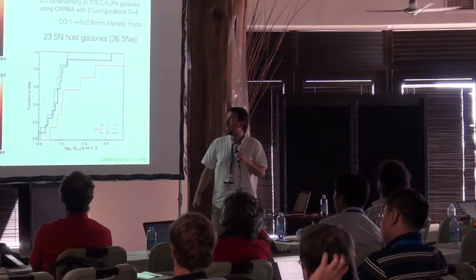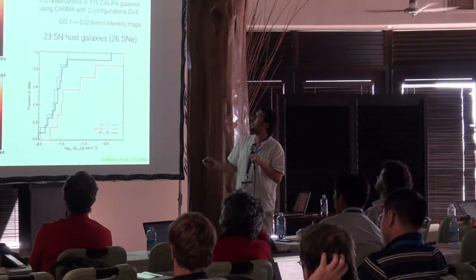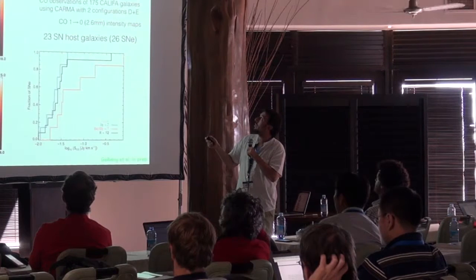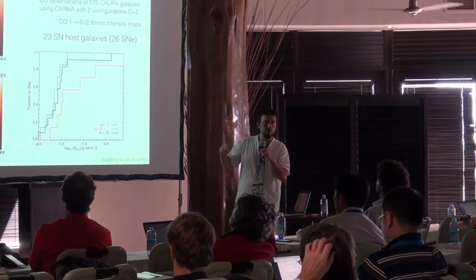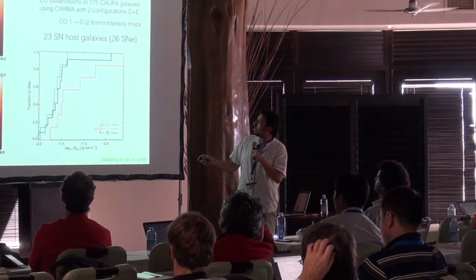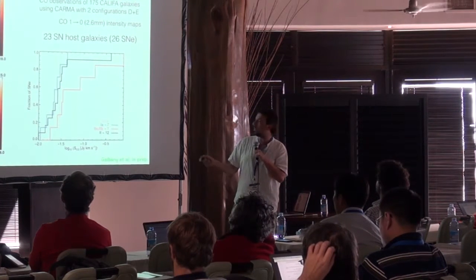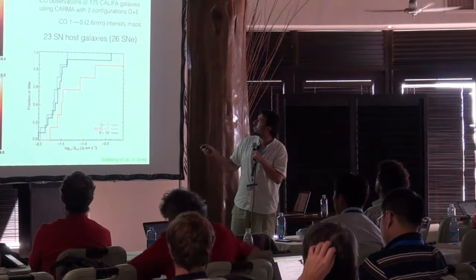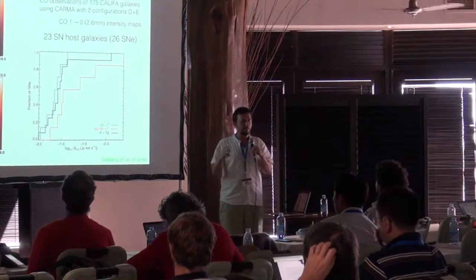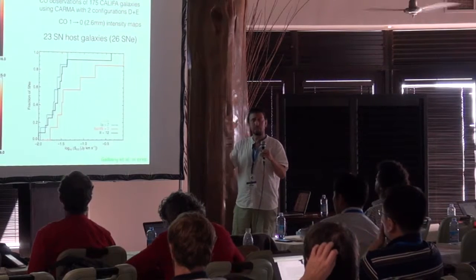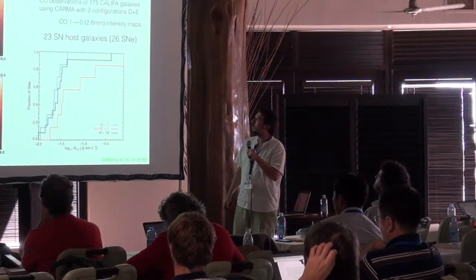We have some millimeter data from the EDGE survey, which observes 175 CALIFA galaxies. We got 23 of those in our sample. When you see what's happening with the CO emission at those positions, you see that these parameters can be related to extinction. It's the column density of neutral hydrogen.